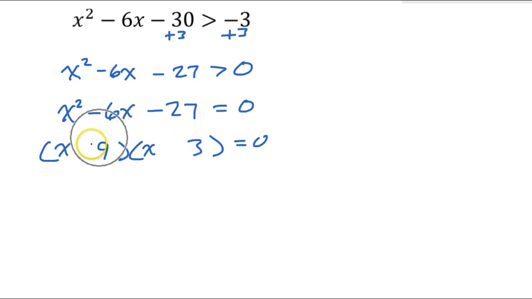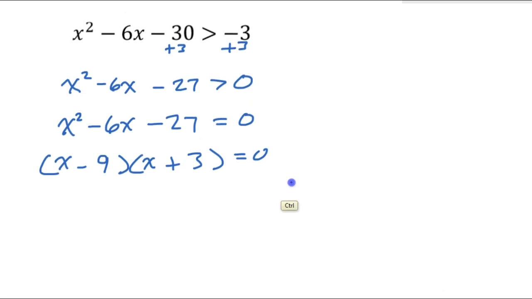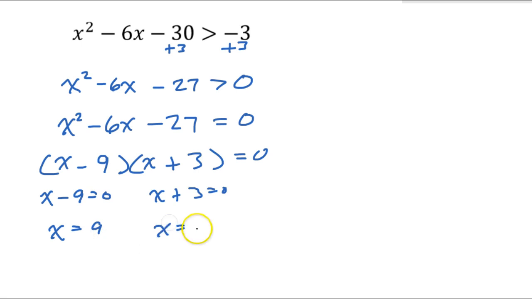I need a negative 6 in the middle, so negative 9 and positive 3. So of course, we solve this by setting these factors equal to 0. So we get x is equal to 9 and x is equal to negative 3. Now, these are called the critical values.